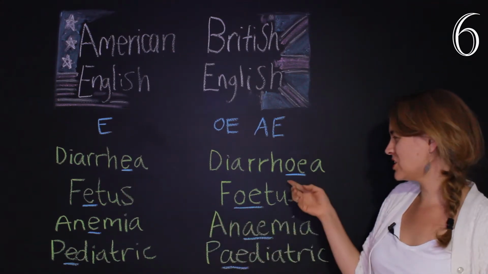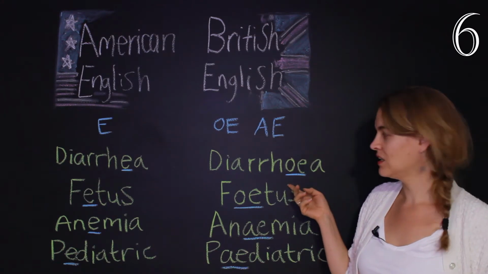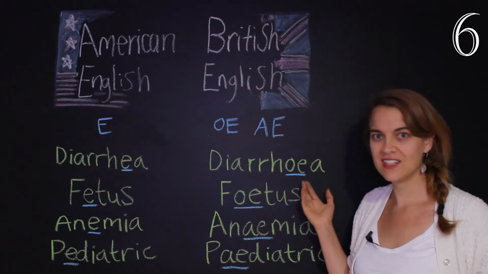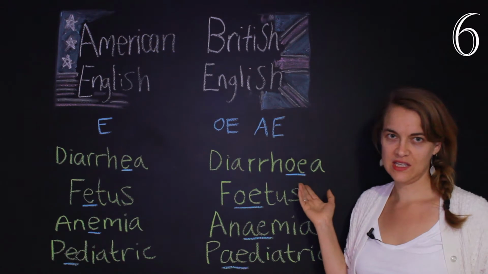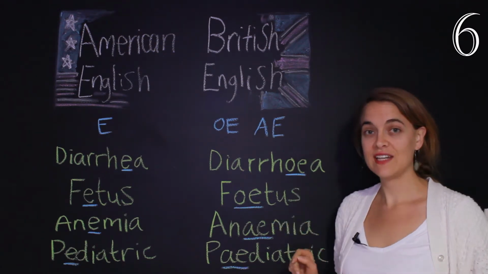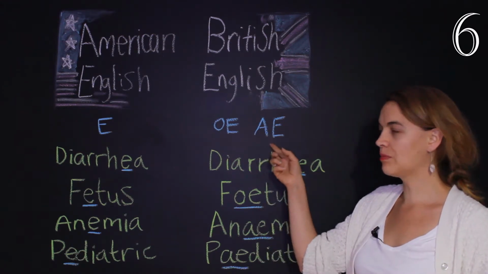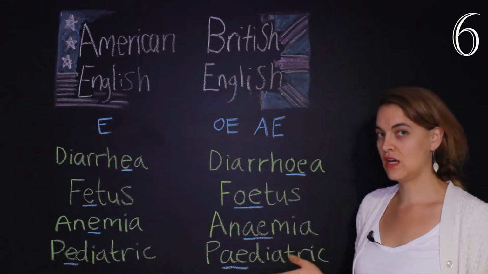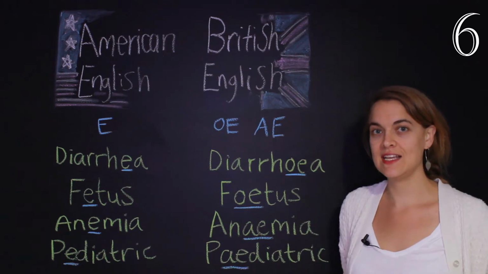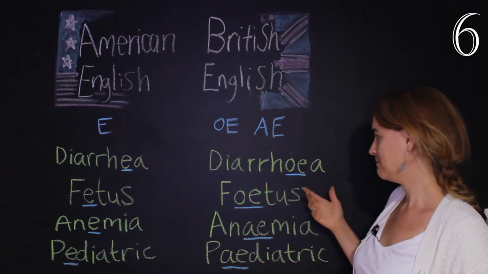But in British English, it doesn't make much sense. So why is it like this? These words have Latin origins, and in Latin it's really common to find double vowels like this. So in British English we maintained that Latin spelling.